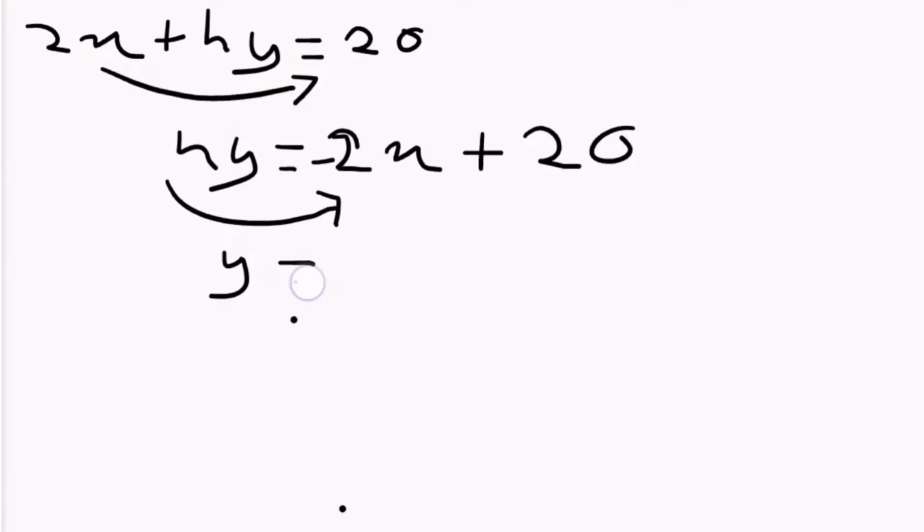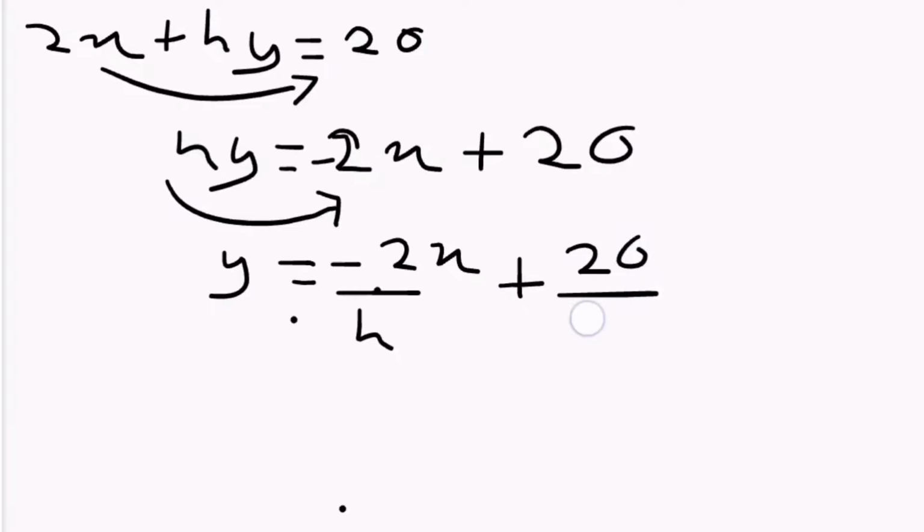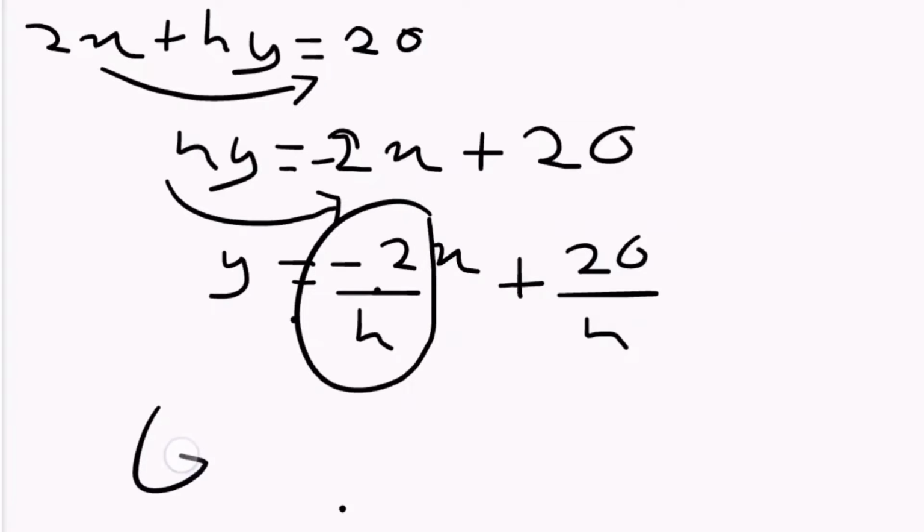So, y equal to negative 2 over h x plus 20 over h. So, this is the gradient for this straight line. The gradient equal to negative 2 over h.